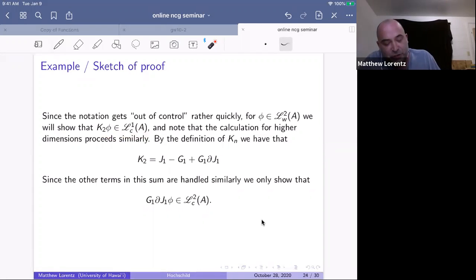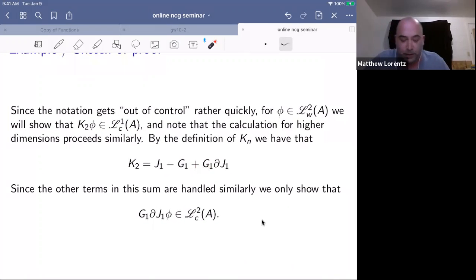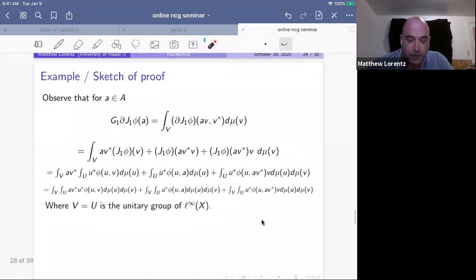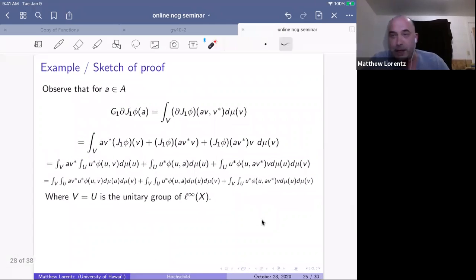So by the definition of Kn, we can write K2 as J1 minus G1 plus G1 boundary J1. And since all of the terms in this sum are handled the same way, we're going to take on the most difficult one, the G sub 1 boundary J sub 1. Okay, so applying these maps, since we're applying everything to the argument, we go in reverse order.